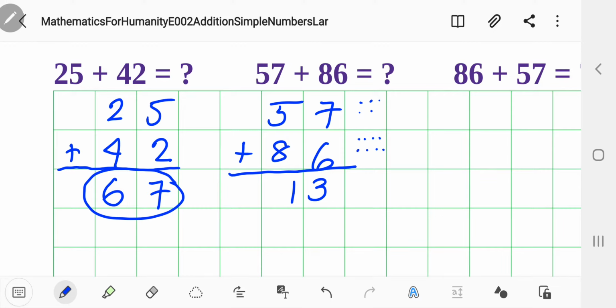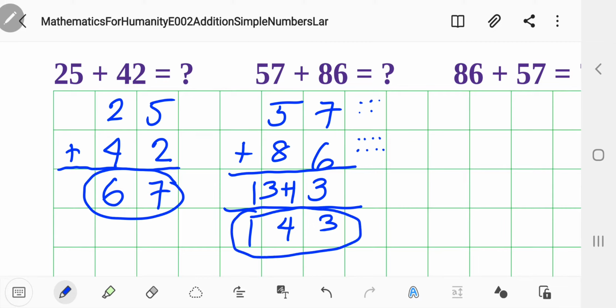It's the same, 13. So what you do is you write the 3 here and then the 1 on the other box. You have to add these two, and then you have the final answer as 3. 3 plus 1 equals 4, and you will now have 143 as your answer.